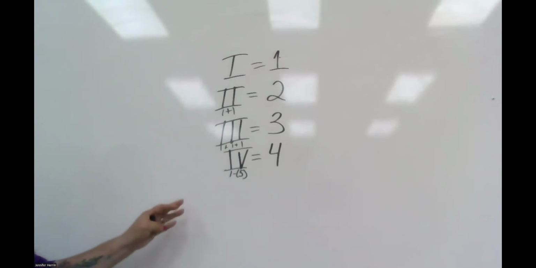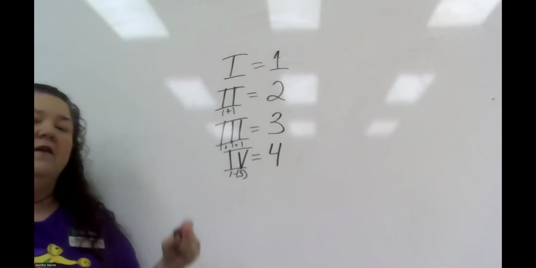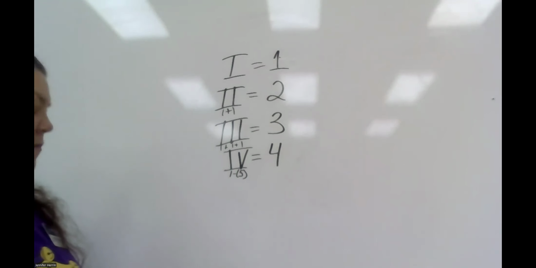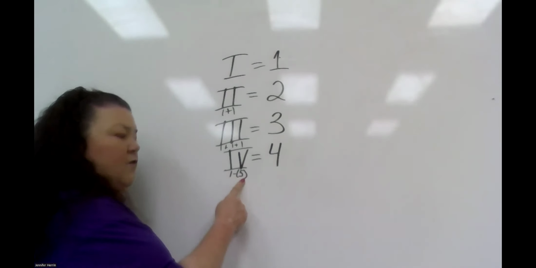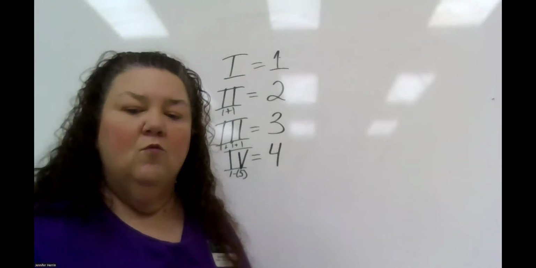We're not actually plugging this into a calculator, as that would produce a negative number, correct? We will never have a negative number with Roman numerals. It's just not something that was done. So if we subtract 1 from the 5, it gives us the 4. And that is what that rule was explaining.